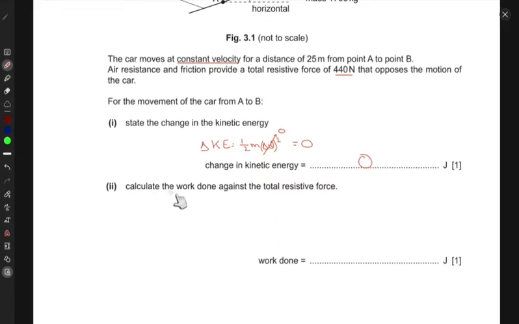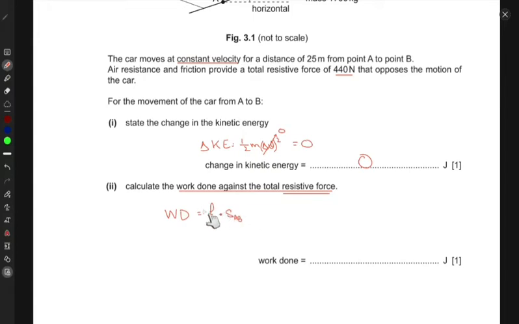Next part says calculate the work done against the total resistive force. So against what force? Resistive force. We know that work done is defined as the force multiplied by the distance moved in the direction of that force, which is sometimes represented with a dot product. That distance is the distance AB.